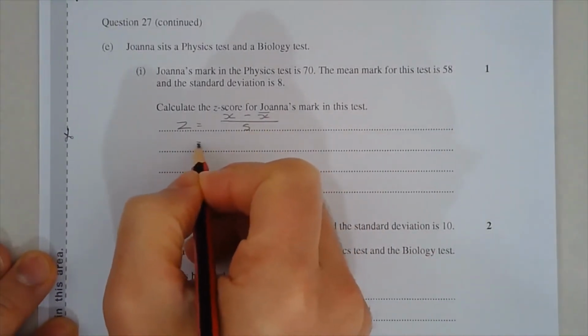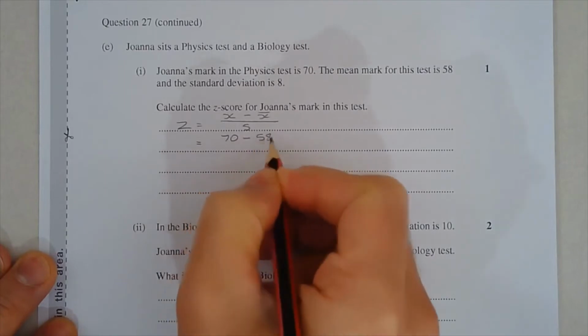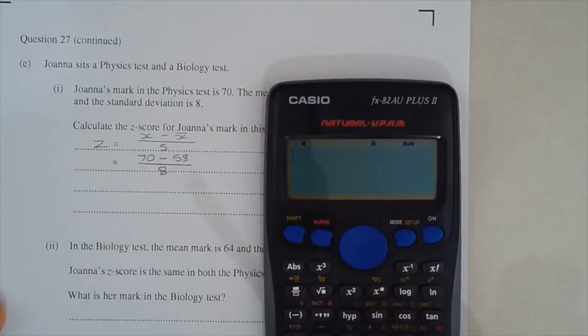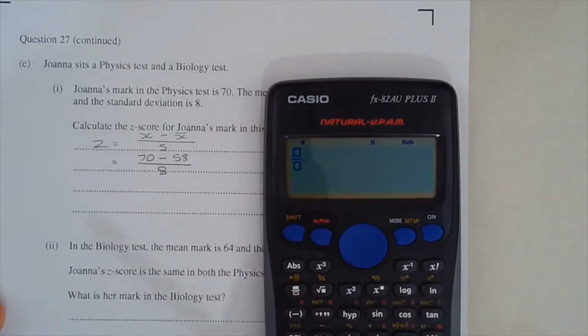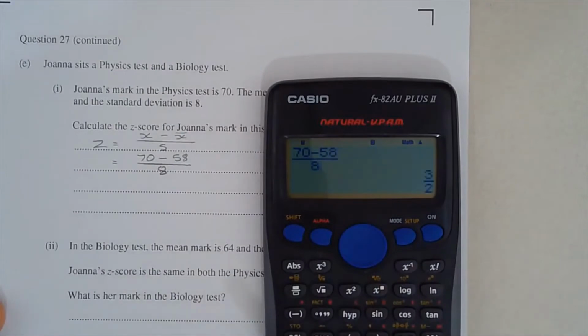So that's going to be equal to her mark, which is 70, minus the mean, which is 58, over 8. Entering that expression in the calculator to evaluate it, we get 3 on 2, which is 1.5.